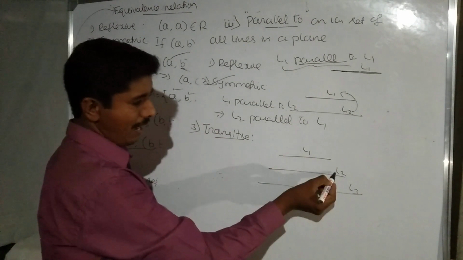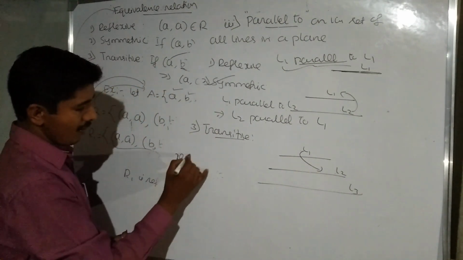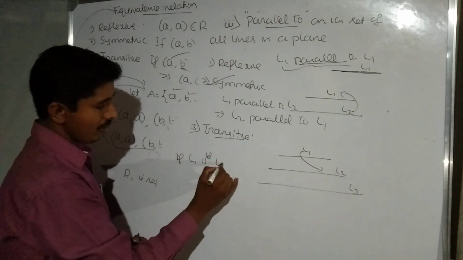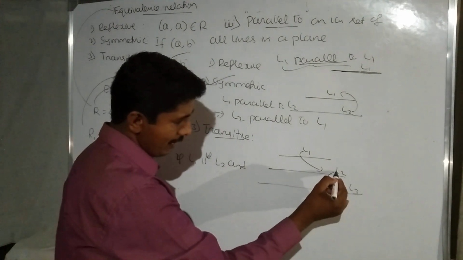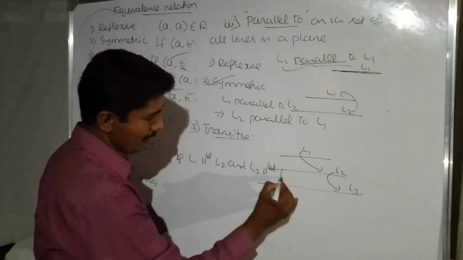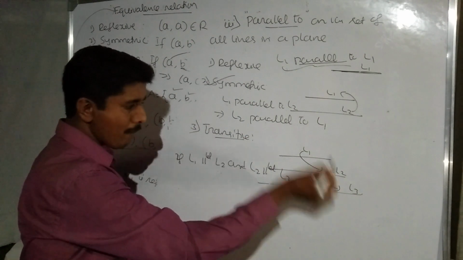Here L1 is parallel to L2, clearly. And what is the relation between L2 and L3? L2 is parallel to L3. This means three lines are parallel to each other.